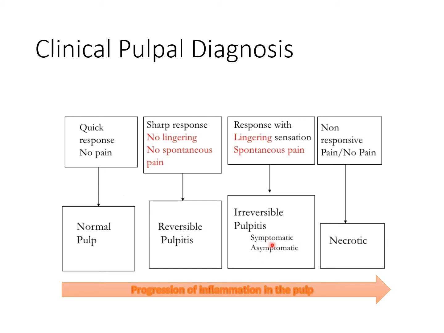Symptomatic means there will be a history of dull pain lasting over a period of 2 hours, 3 hours, and the patient has to take medication to relieve the pain. Or it could be asymptomatic, which is only diagnosed from the radiograph. So if you have a deep carious lesion and you take a radiograph and you see internal resorption, which indicates the pulp is irreversibly damaged, it is asymptomatic because it is not having any pain.